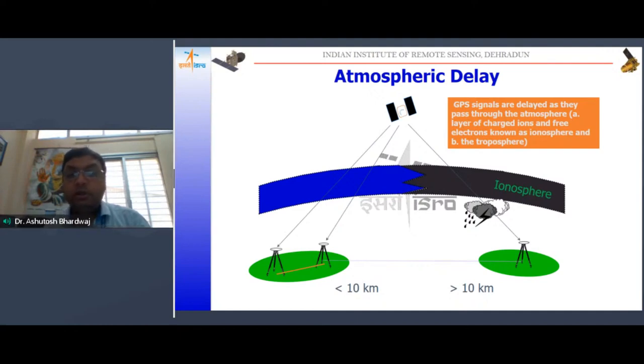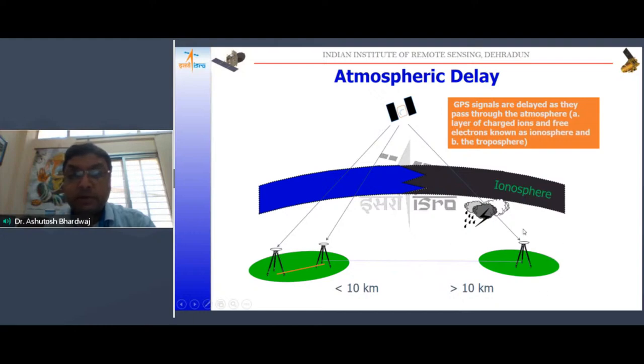This slide shows a situation where we have smaller baselines, less than 10 kilometers, where possibly the atmospheric conditions are the same for these two receivers. But if we have longer baselines, then the conditions may be different for the two places where receivers have been kept.